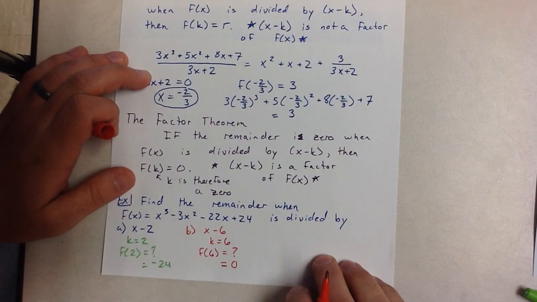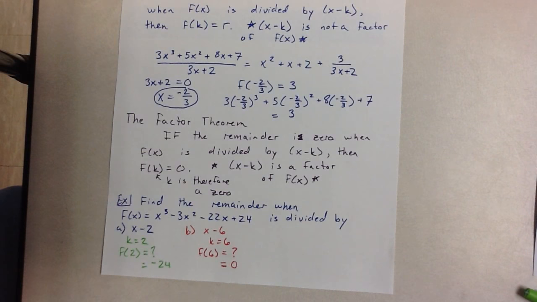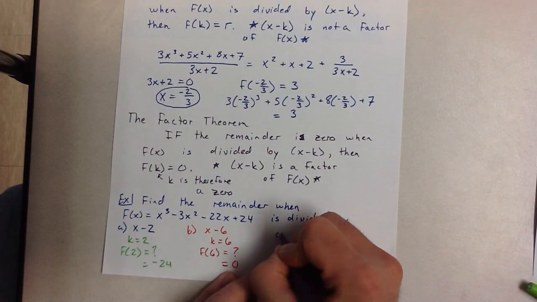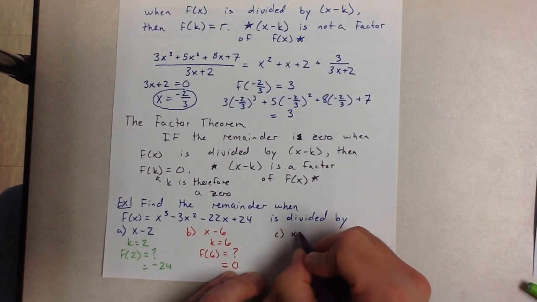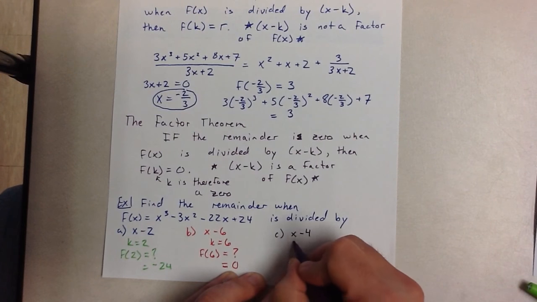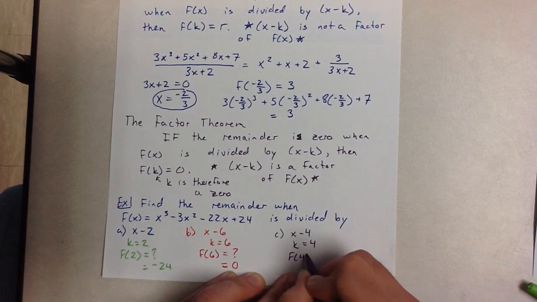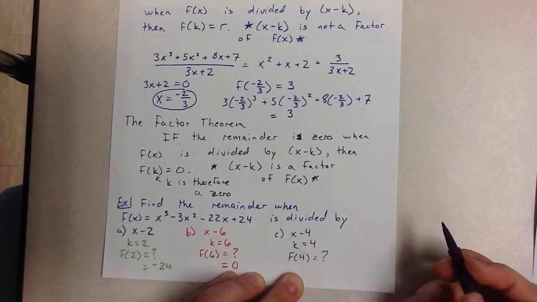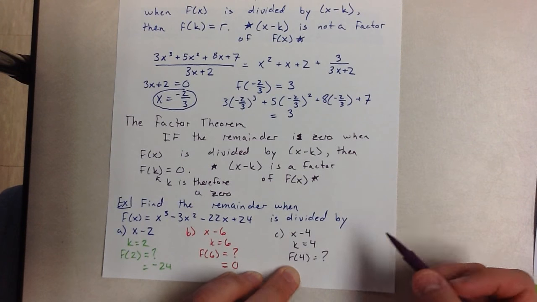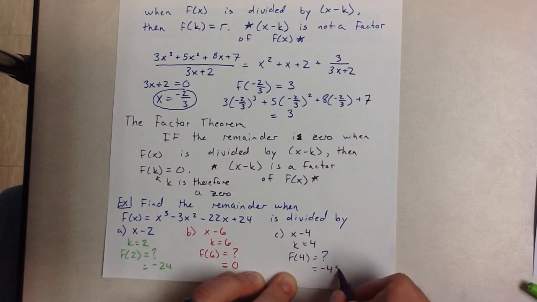Okay. Then let's take our function one more time and divide by x minus 4. We place our k of 4 into our function, and in doing so, we find that we get negative 48.